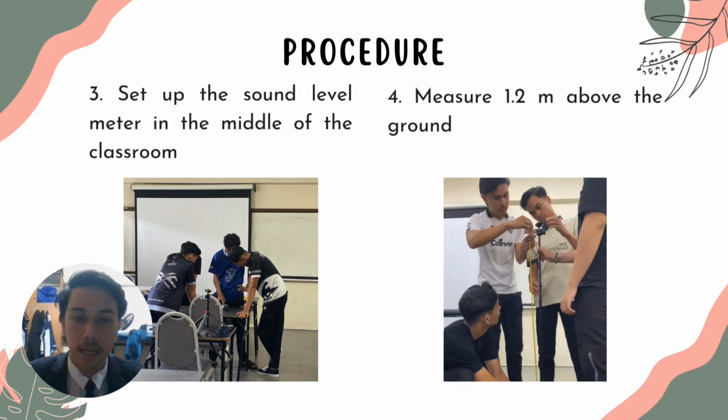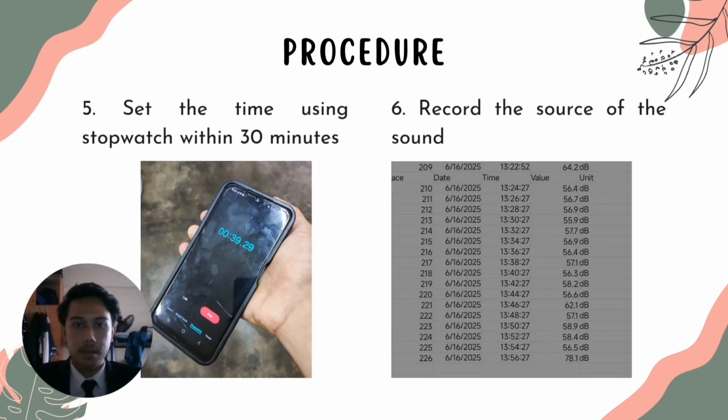Once we got the right height, we secured the tripod firmly. After that, we start a stopwatch for 30 minutes, and at the same time, we begin recording the sound using the sound level meter. And lastly, we take note of the sounds when we hear them and the sound level meter can capture them, like cars going by, people talking, or any other background noise.